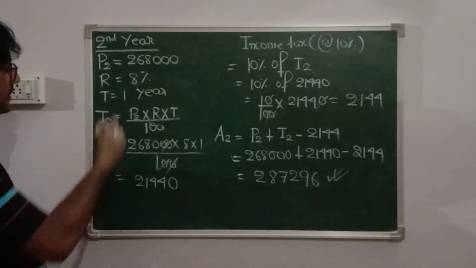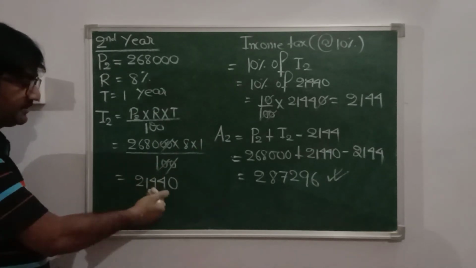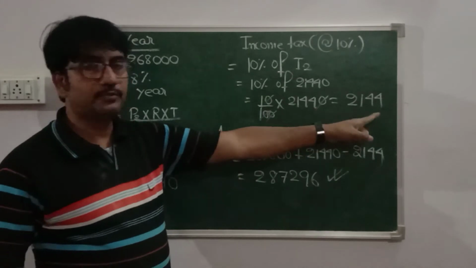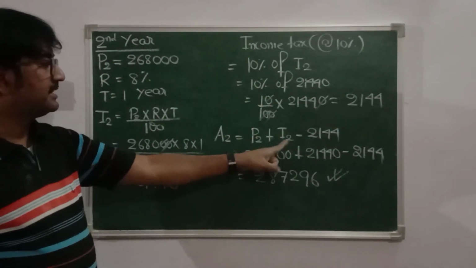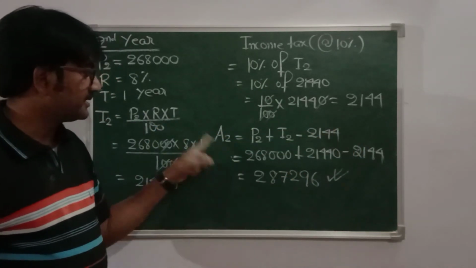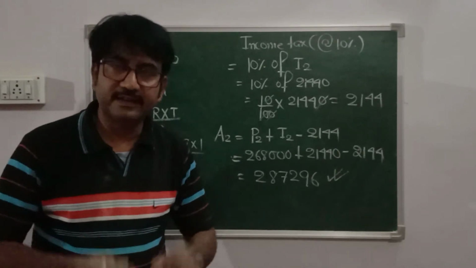We found the interest for the second year as 21440. 10% of this is deducted as the income tax, so it is coming to 2144. So finally the amount stands to P2 plus I2, the principal plus the interest minus the amount of tax. Then the final answer is 287296. I think it is clear now.